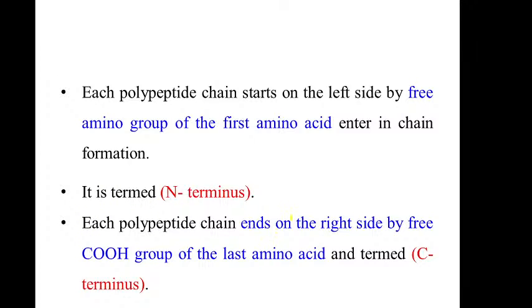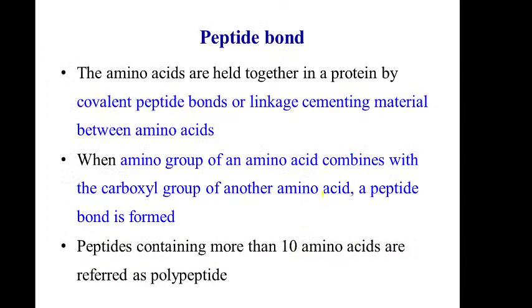Each polypeptide chain ends on the right side by the free carboxyl group of the last amino acid, and it is termed as C-terminus. So we have N-terminus as well as C-terminus.